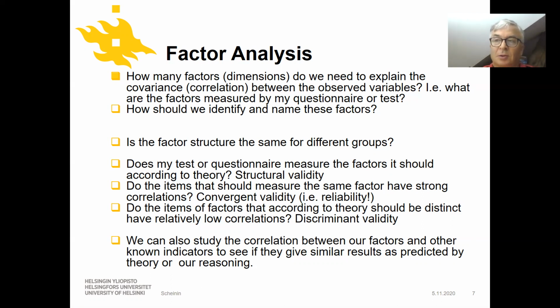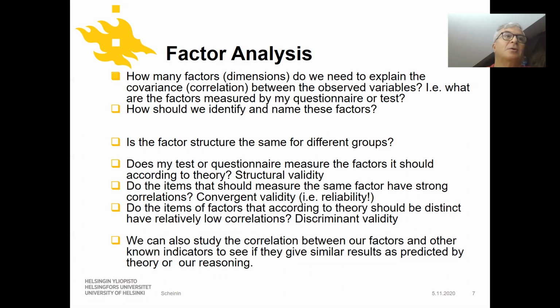If we are trying to construct a good questionnaire or test, we can also see if there is a correlation between the factors we get and some other known factor indicators that, according to theory or common understanding, they should correlate with, either correlate strongly or not correlate with.